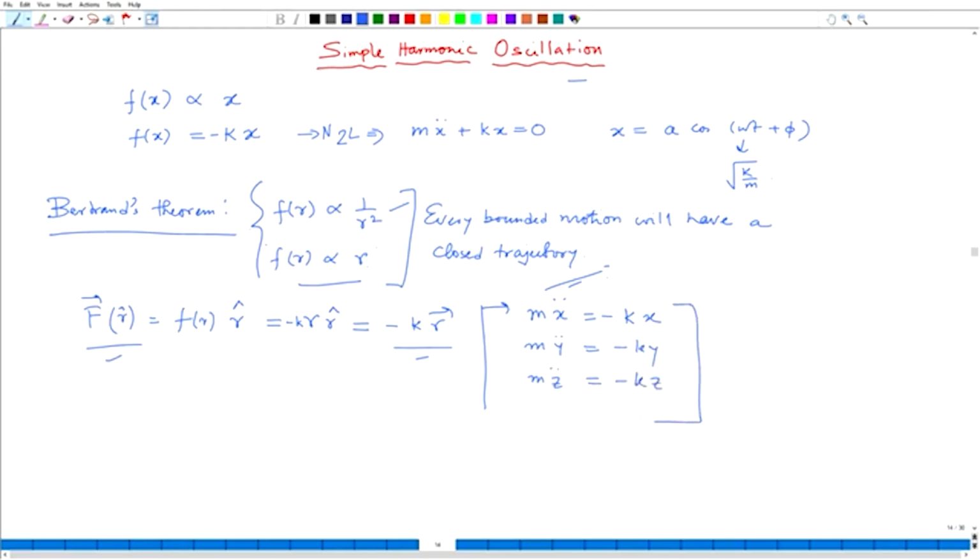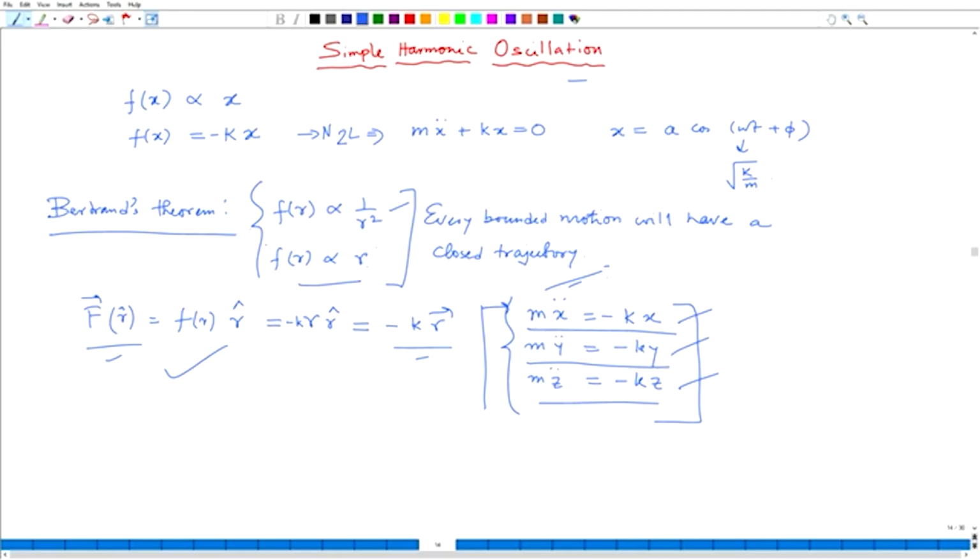Since all these three directions are mutually independent of each other and the equations of dynamics are not coupled, if you just find the solution for 1D, in a similar way you can find the solution for the other directions. It is for you to think and tell me whether under such cases I have to really go for a 2D motion or a 3D motion.